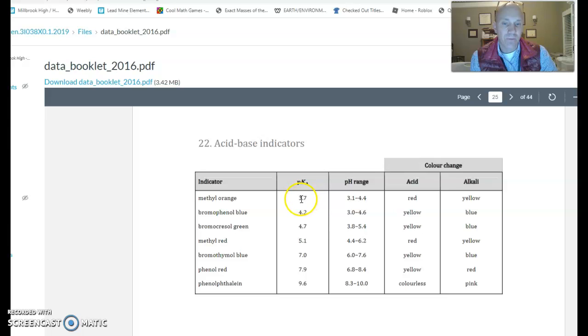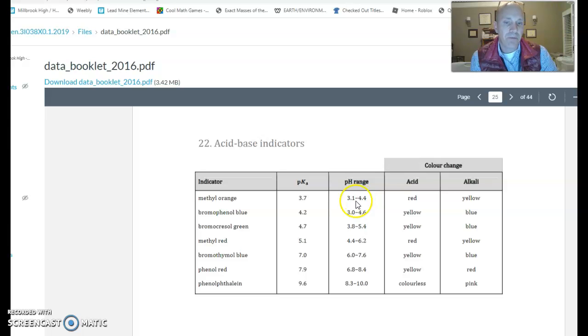As the pH gets below 3.7, it's going to be more reddish. In pHs above 3.7, it's going to start to get more yellowish. Below 3.1, it's going to be completely red. Above 4.4, it's going to be completely yellow. And if you're in between, it's going to be a transitioning color.